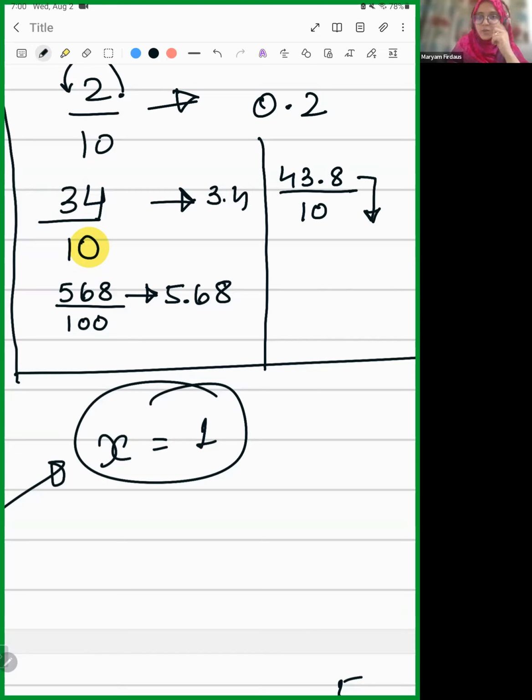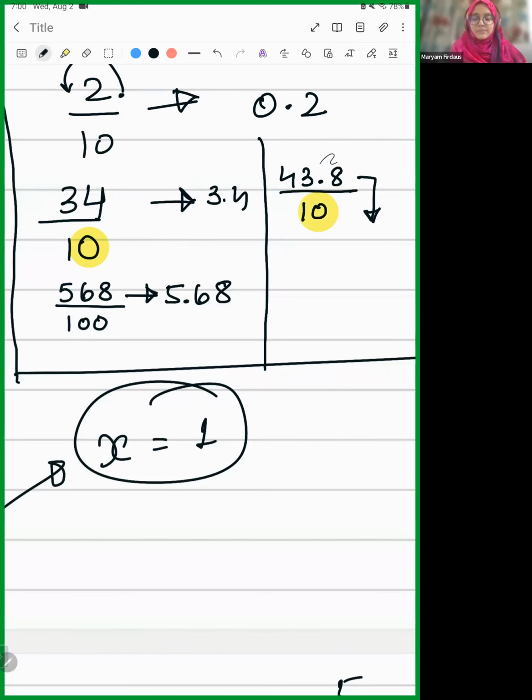How many zeros are there in the denominator, Abdul Rahman? Let me think. There is just 1 zero, right? So how many places should the decimal move to the left?